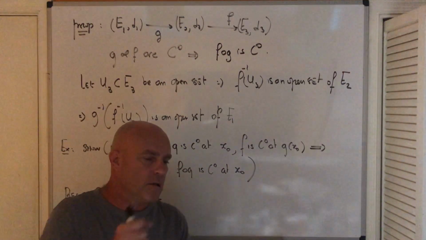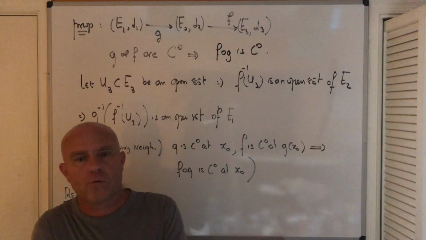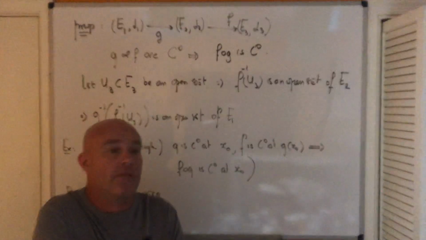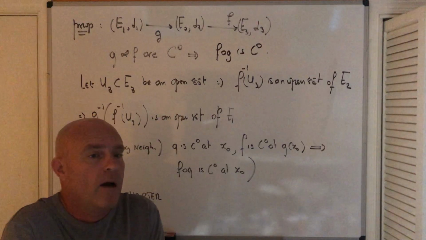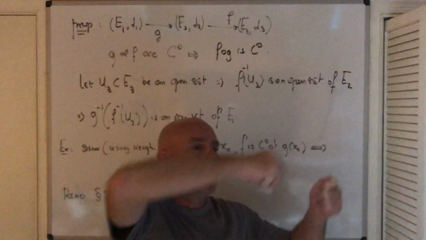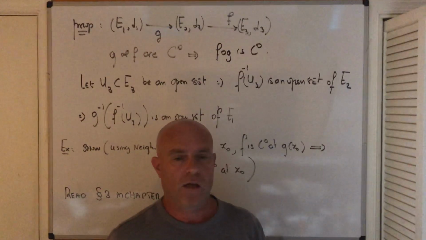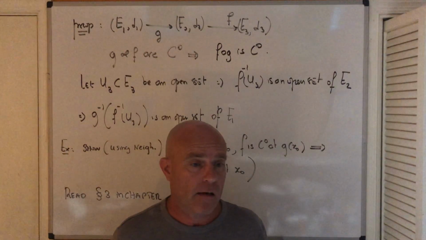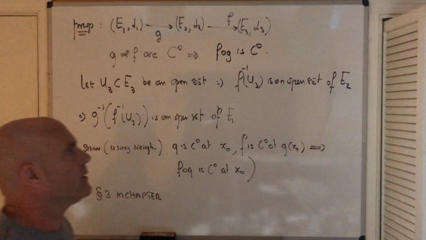If two points are close enough to one another, then the images are close enough, and because their images are arbitrarily close, the composition with the next function will be as close as we want. So that's pretty much the idea here. But we don't have to do that in this case.